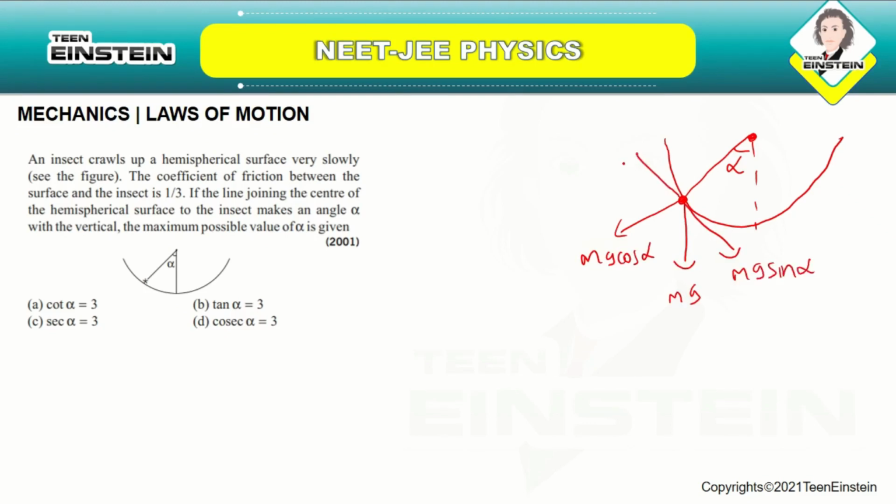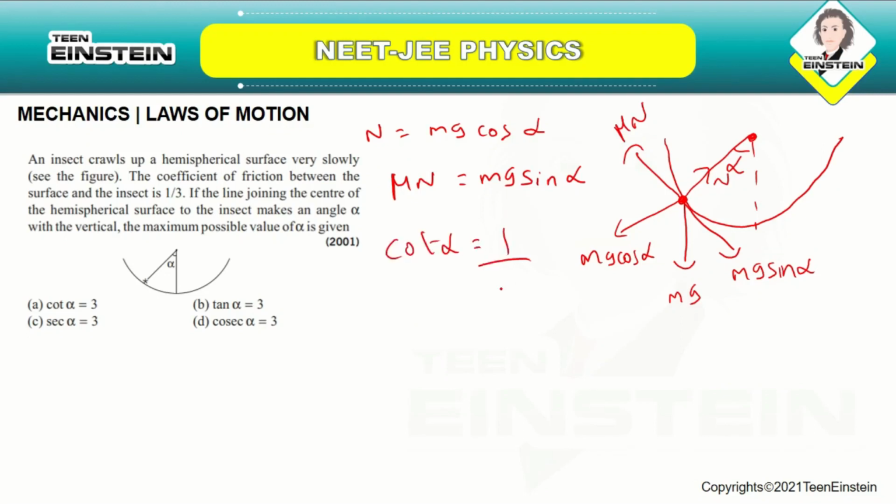This direction will be mu into N. The equilibrium of the insect gives N equal to mg cos alpha in one direction, and in the other direction mu N is equal to mg sin alpha. When you divide these two equations, you get cot alpha equal to 1 by mu.